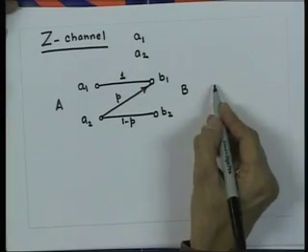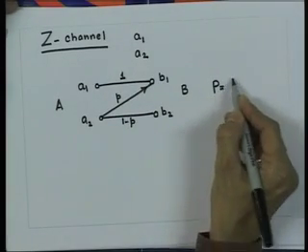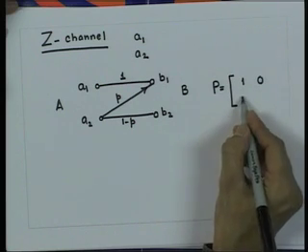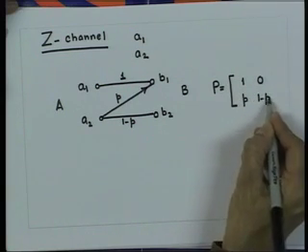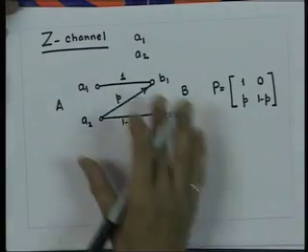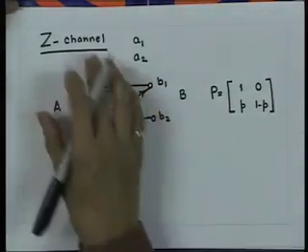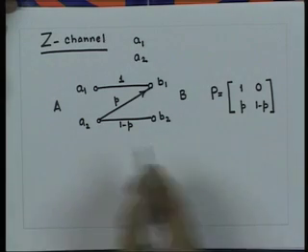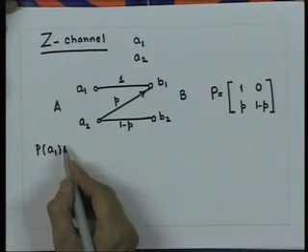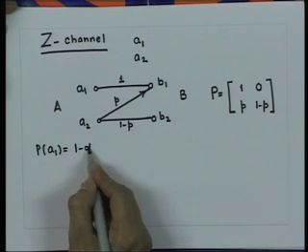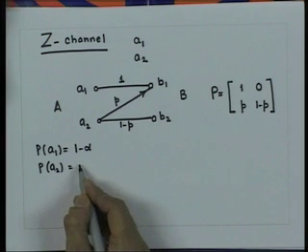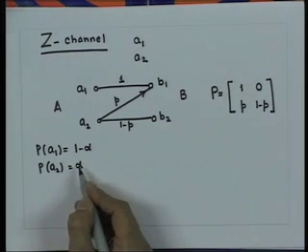So, the channel matrix for this channel is denoted by 1, 0; P, 1 minus P. Let us determine the channel capacity for the Z channel with the assumption that probability of A1 is equal to 1 minus alpha and probability of A2 is equal to alpha.